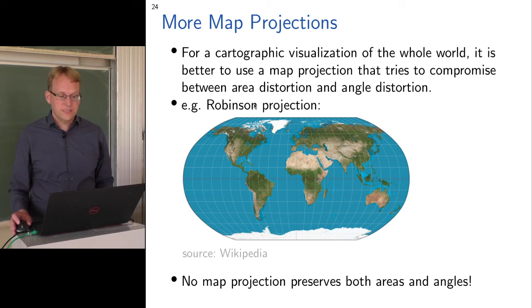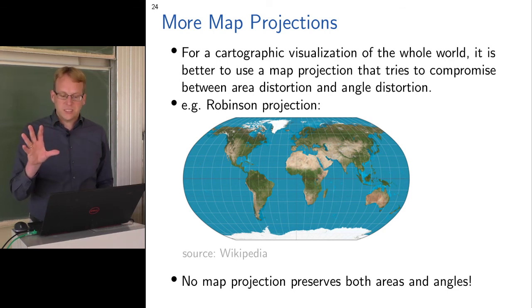With the Robinson projection, that would be a new chapter, so to say, in this lecture. However, since there was just this one lecture about map projections, I took the focus to this more mathematical approach for these more important cylindrical projections.